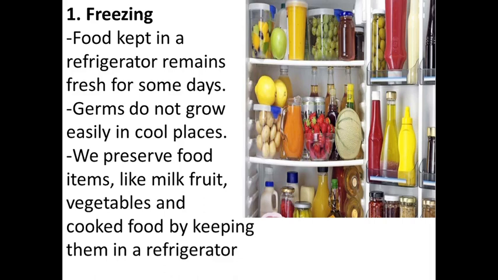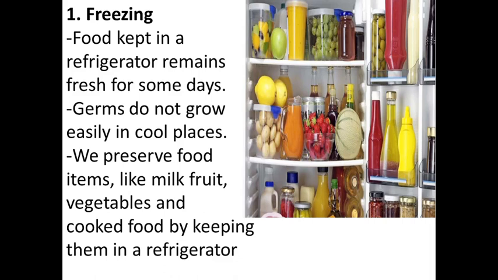Do you remember I told you that temperature is the most important part in food spoilage and in food preservation. Food spoilage is related to microorganisms, one of the important causes.